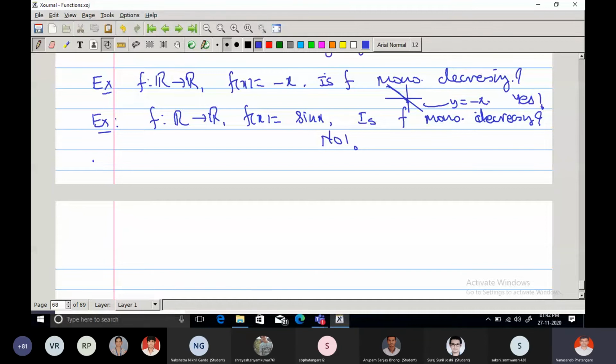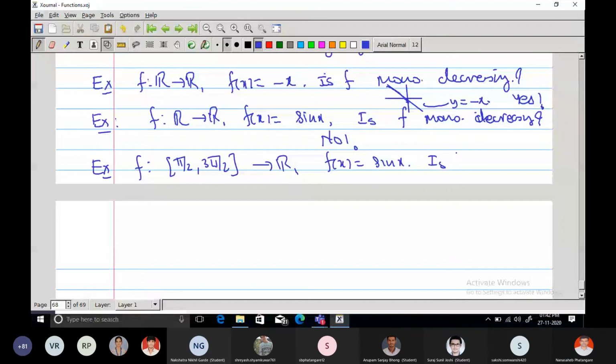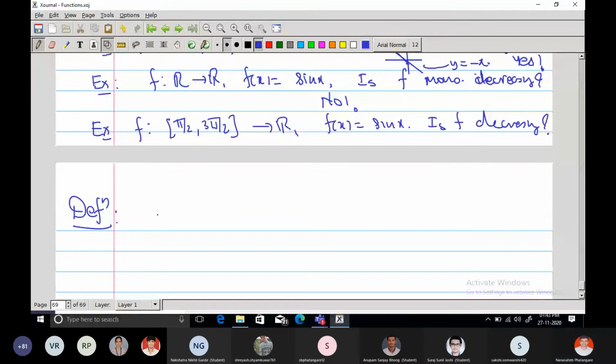But if I define f from minus pi by 2 to 3 pi by 2 to R, f(x) is equal to sin x, is f decreasing? Yes. So how is the graph from minus pi by 2 to 3 pi by 2?